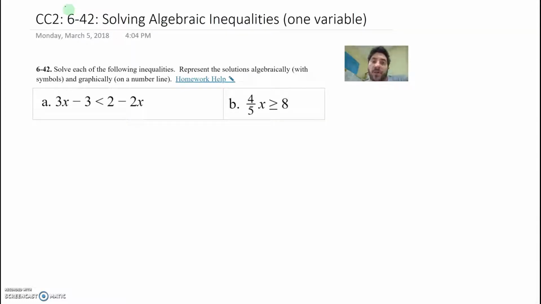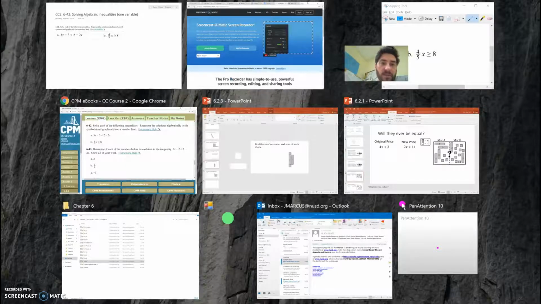So it's asking to solve this algebraic inequality, these two, and then also solve it graphically on a number line. If I build these with algebra tiles, it's a lot easier. I would suggest using the homework tool, the E tool.